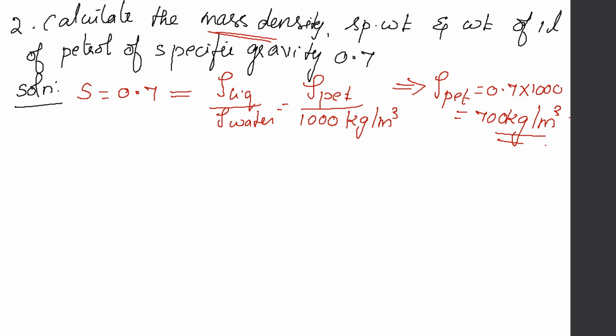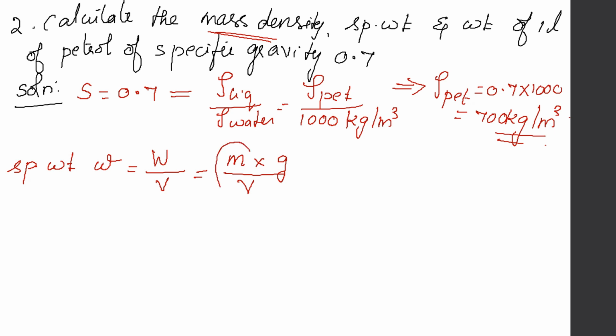Next is specific weight. The specific weight is represented by omega, that is nothing but weight by volume. Weight is mass into acceleration due to gravity, divided by volume. And this mass by volume is nothing but rho.